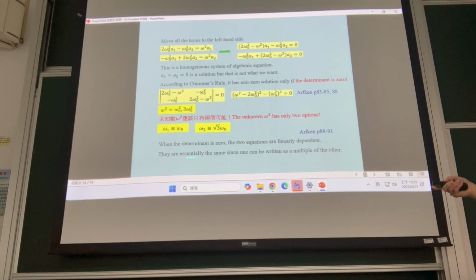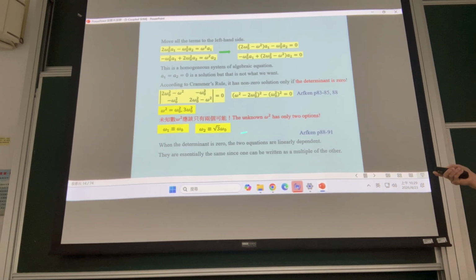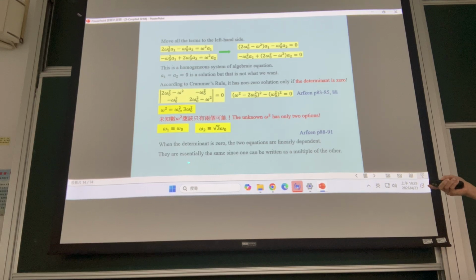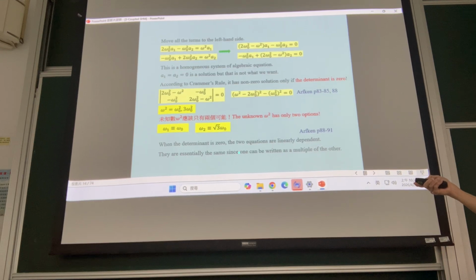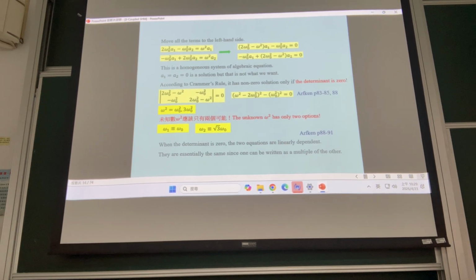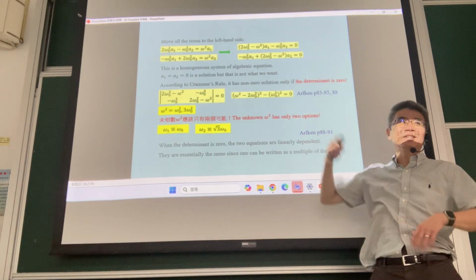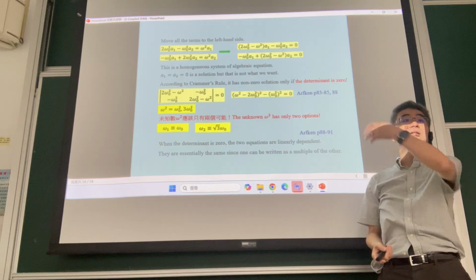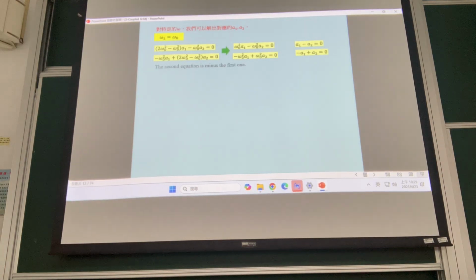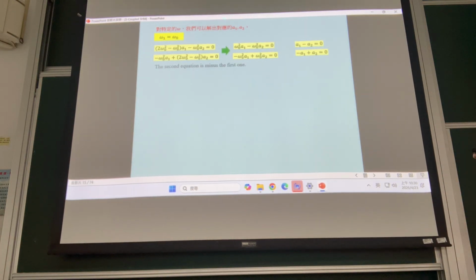This is jargon. So in ordinary language, when they are linearly dependent, that means they are essentially the same, since one can be written as a multiple of the other. 其中一个方程式，事实上就跟另外一个方程式一样的。你不相信？Let's see.